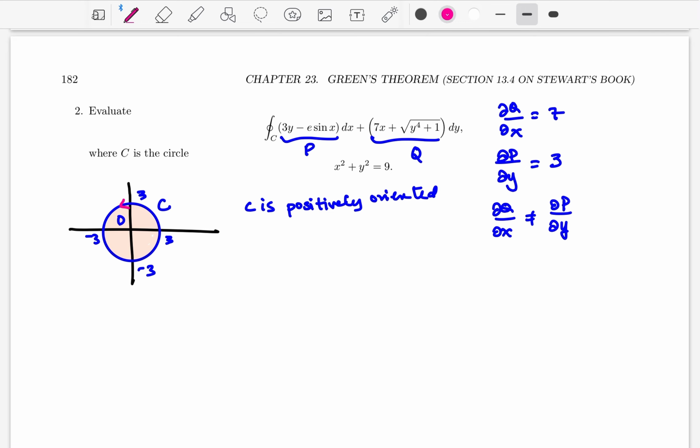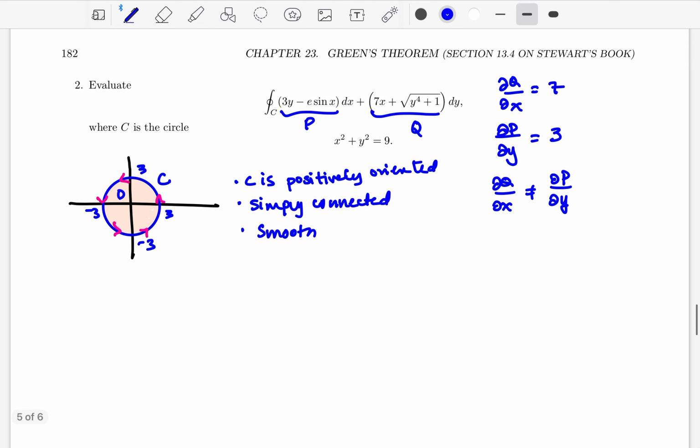Wonderful. It is simply connected, right? There are no self-intersections. We also see that it is smooth, which means that the partial derivatives are continuous, which we already know. So this is looking good. Everything looks good, okay?